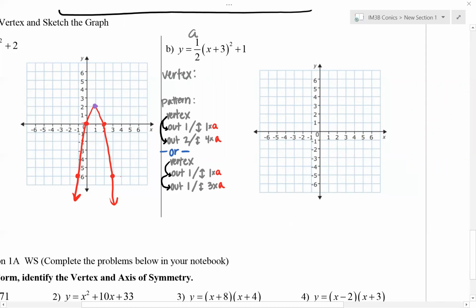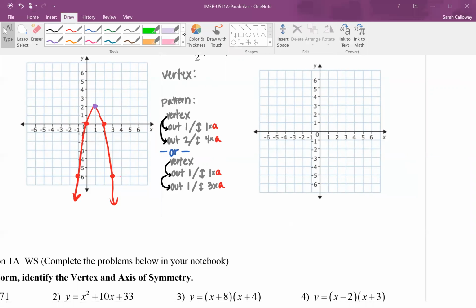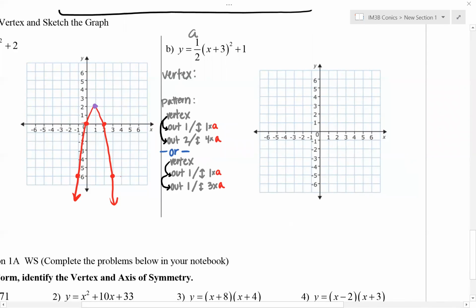For this one, we have 1/2 times (x + 3) squared plus 1. And our h value is what for this one? So our vertex is going to be at -3, and then the y coordinate is 1.